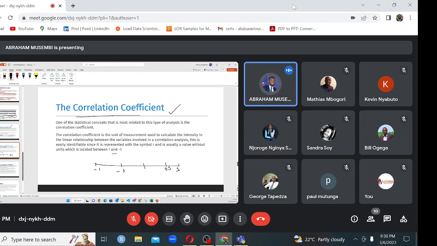We said your correlation should be within 0 and 1. Anything more than that, you are wrong and you have to recheck your approach.